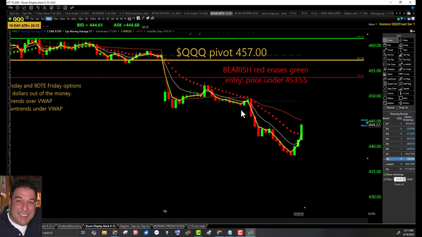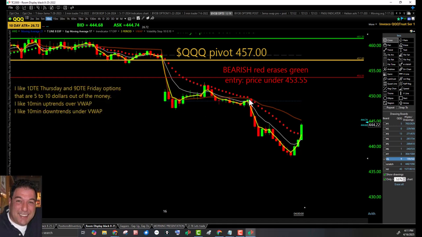That's a $3 candle. If you had 10 in the money options, 0 DTE, and you were on the wrong side of that, that would cost you $3,000 right there. All right, so that's why we don't trade the zeros very often. Okay, so there's QQQ 10-minute chart.